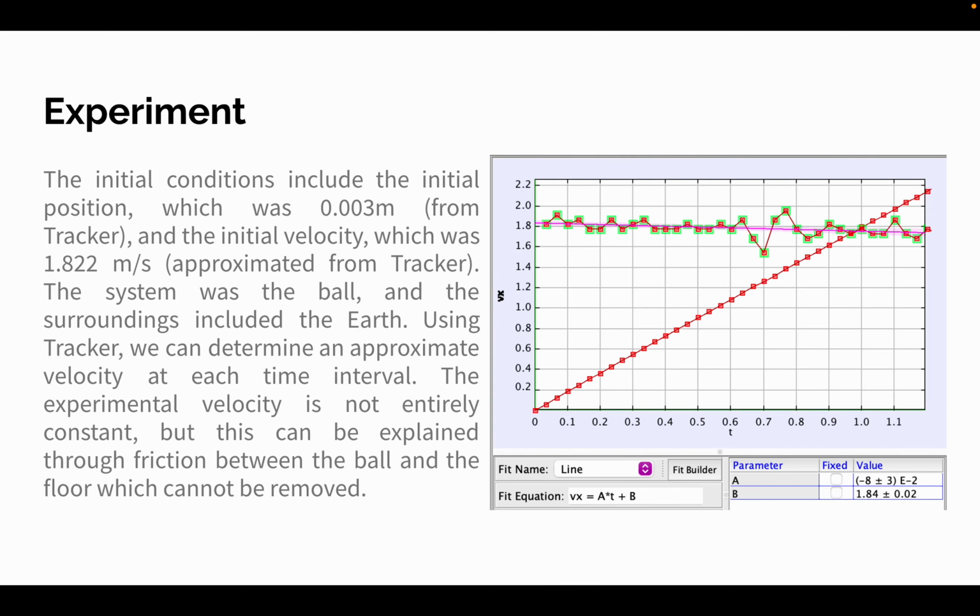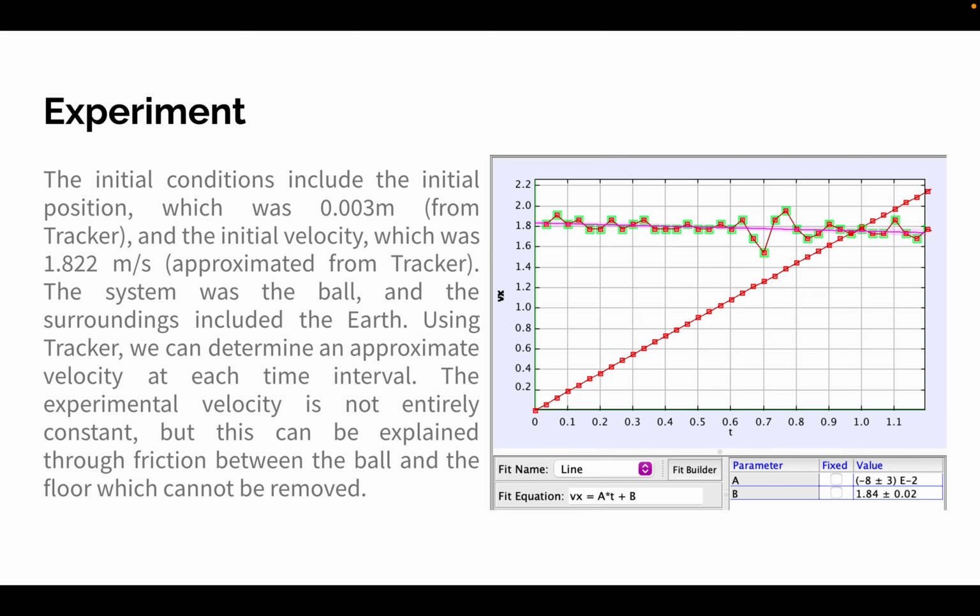Experiment. The initial conditions include the initial position, which was 0.003 meters, and the initial velocity, which was 1.822 meters per second, which was approximated from Tracker. The system was the ball, and the surroundings included the Earth. Using Tracker, we can determine an approximate velocity at each time interval.